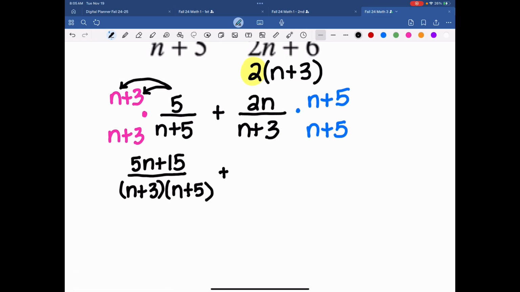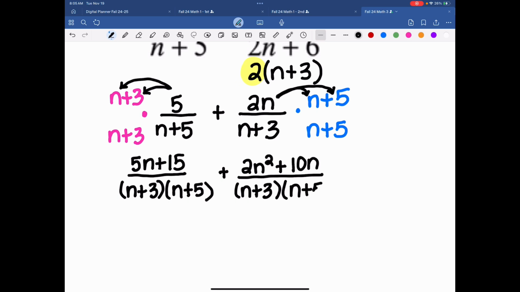All right, and then on this side, we're going to distribute the 2n to the n and to the 5. So that's going to be 2n squared plus 10n. And that's all going to be over n plus 3, n plus 5. All right, so now that we have that common denominator, we can combine our numerators together.